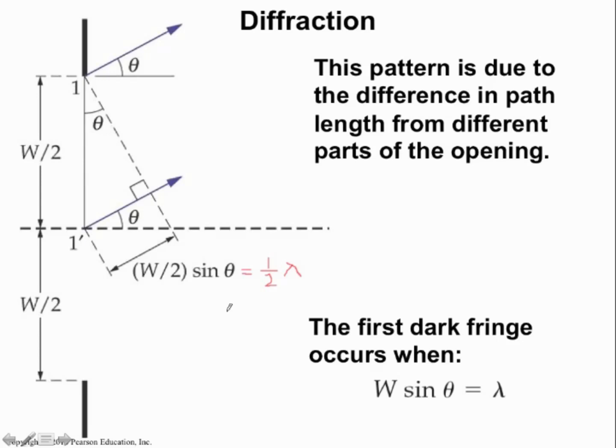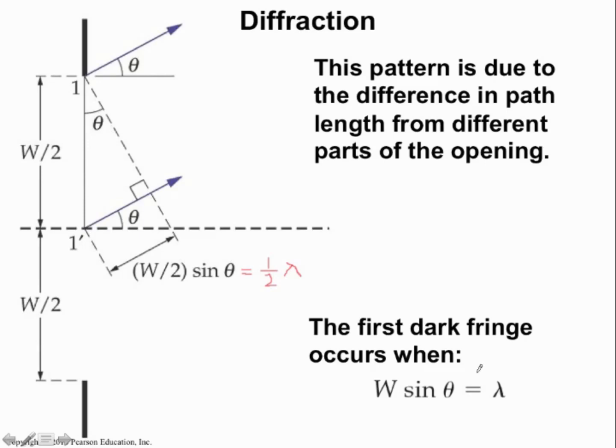Okay, so where does destructive interference occur? Well, W over 2 sine theta gives us the difference in path length. If that adds up to a half lambda multiple, then just doing simple algebra leads us to W sine theta equals lambda.